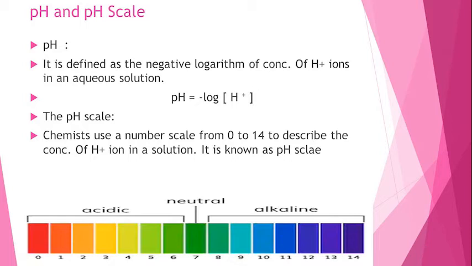As I told you in my first lecture, we will discuss the strength of acids and bases in our next lecture. So today I will explain how you can recognize whether an acid is a strong acid or weak acid, or a base is a strong base or weak base.